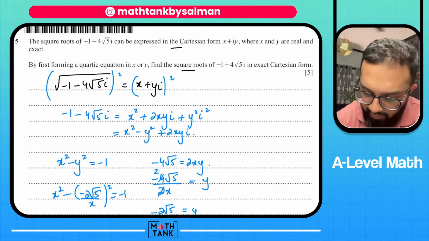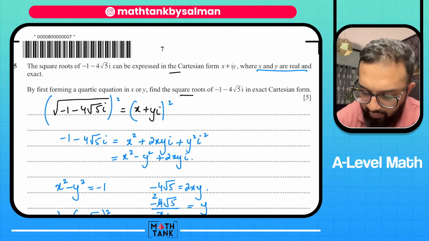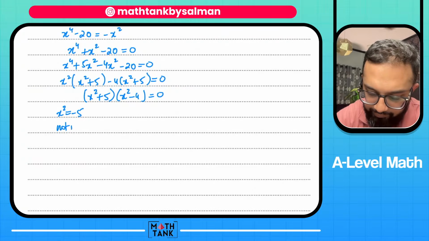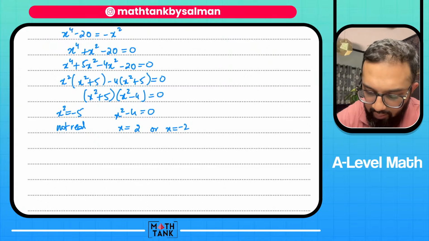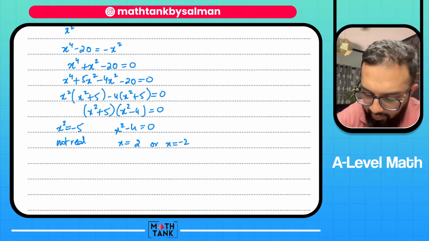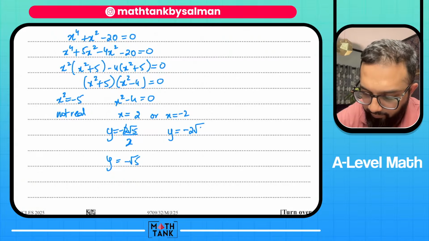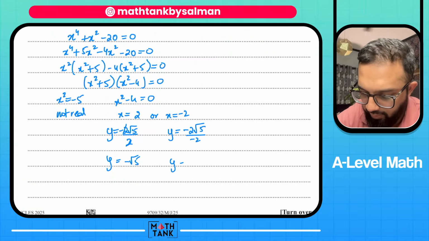Okay, are x and y real numbers? Where x and y are real, x squared plus 5 can't be possible because x squared is negative 5, so not real. x squared minus 4 equals 0, so x can either be 2 or minus 2. If x is 2 or minus 2, then y is minus 2 root 5 over x, which is minus root 5 or plus root 5.